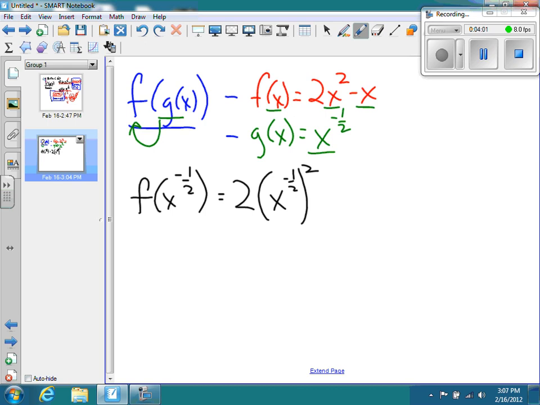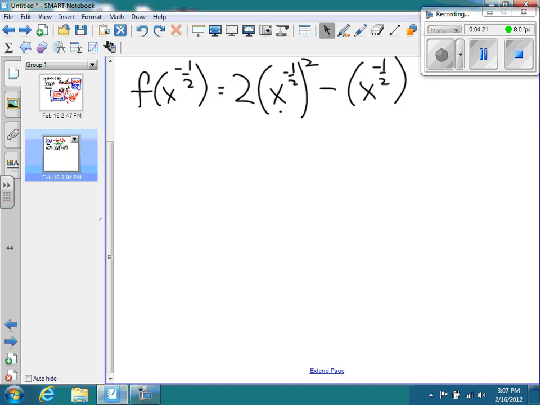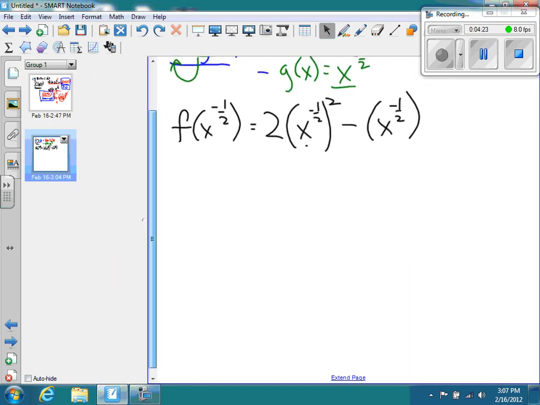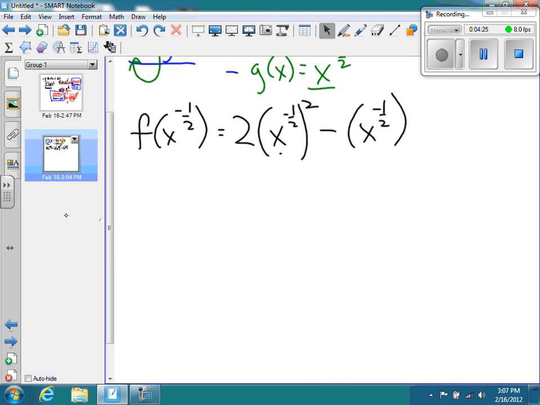And be careful of the exponent theory. The only thing that is squared is the x to the minus 1/2. The 2 is not squared. Minus, again, I'm going to replace it. I like to use parentheses, x to the minus 1/2. Okay, I can work on this part right here.